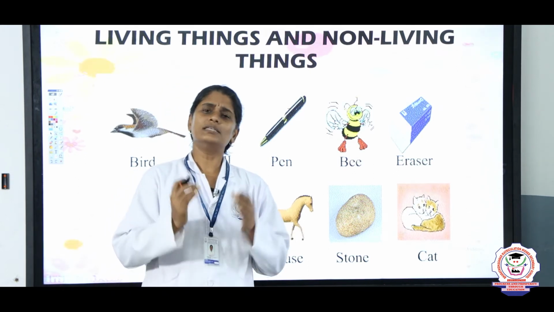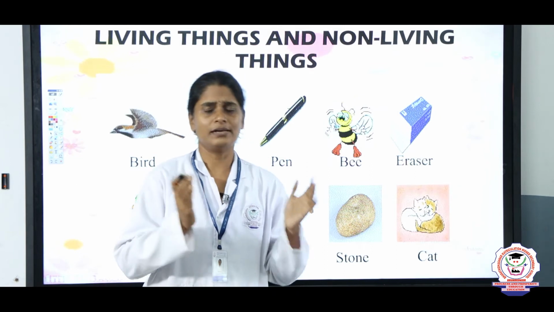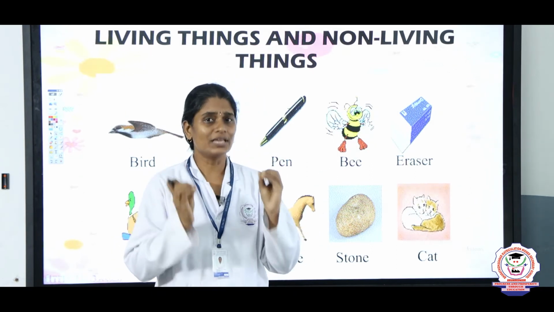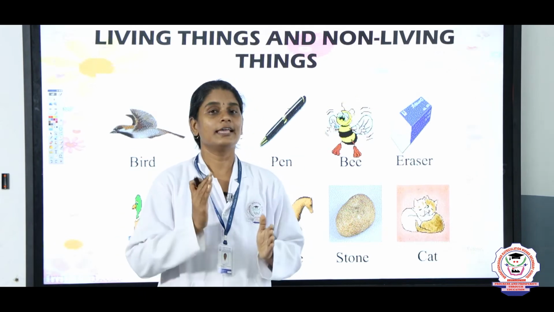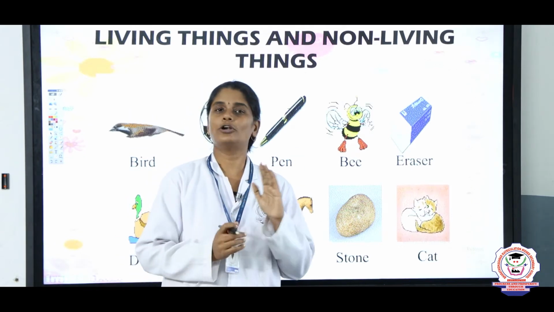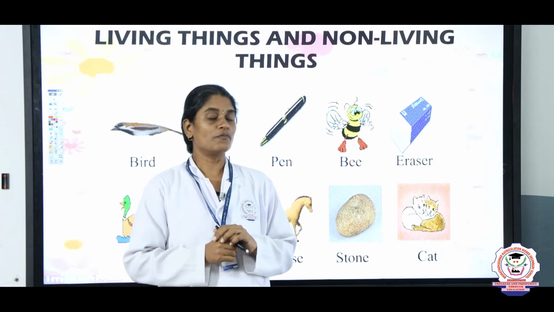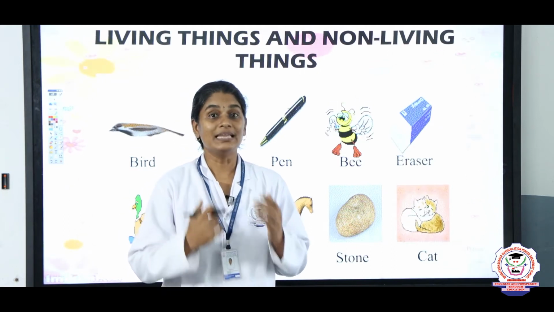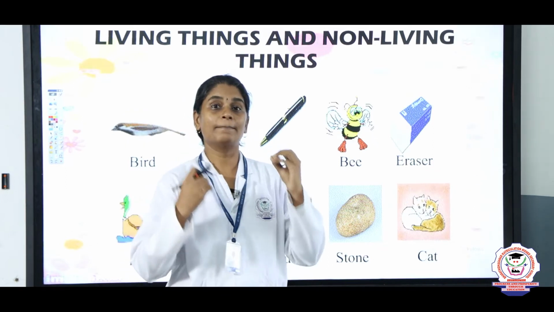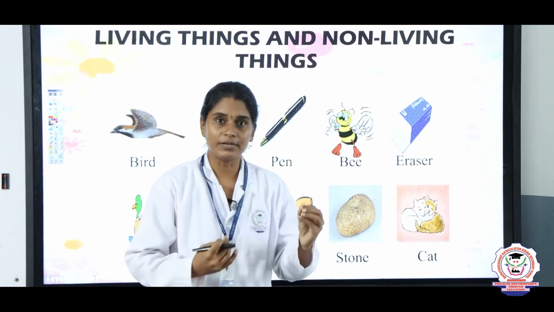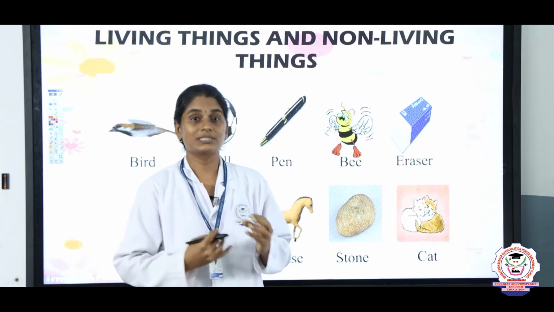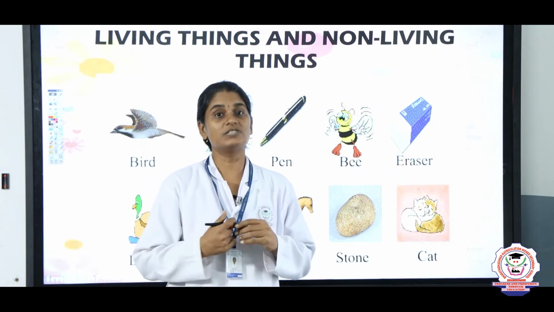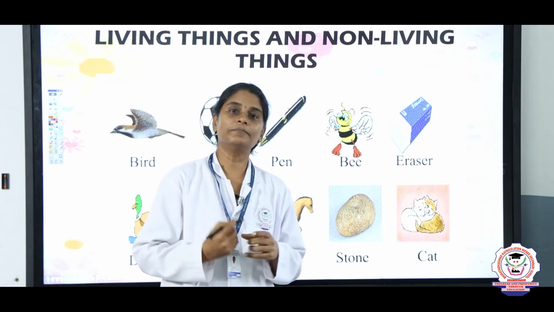Living things and non-living things differ in many ways. When you go to a park, you can see many living things, for example, plants, animals, birds, dogs, and many human beings wandering around the park.